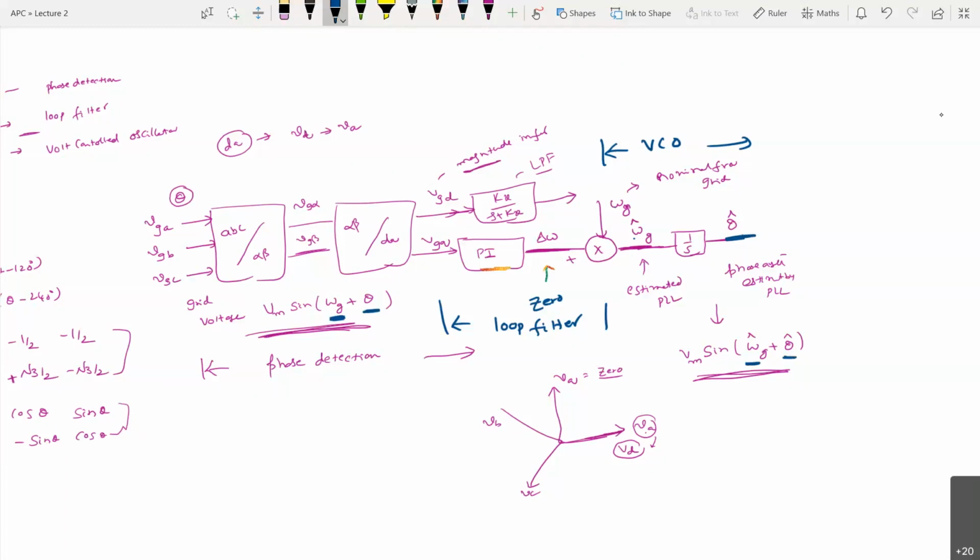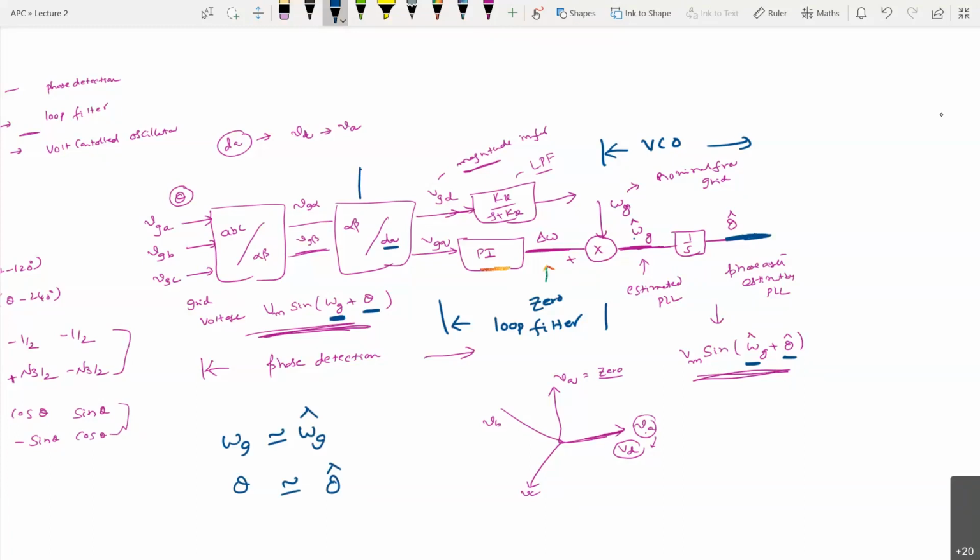Theoretically or ideally, omega g should be equal to omega g dash, and theta is identically theta dash, right? If both are the same, then this PLL is a perfect PLL. The dq synchronous frame transformation continuously requires the information of theta.